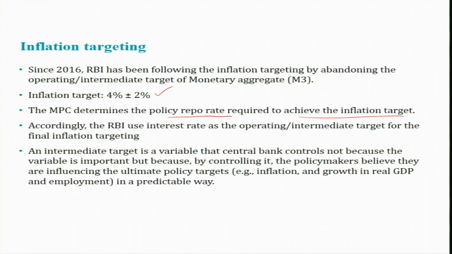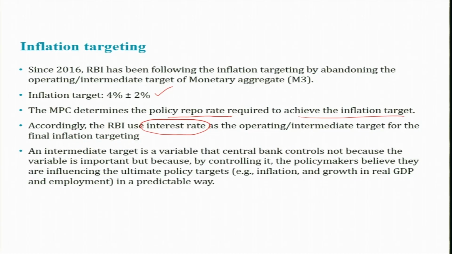In one of the previous sessions I said that, in contrast to the US, where they have been following interest rate targeting, India has been following monetary aggregate targets. But since 2016 we have been following inflation targeting, and to achieve that we have been following interest rate as the operating or intermediate target.